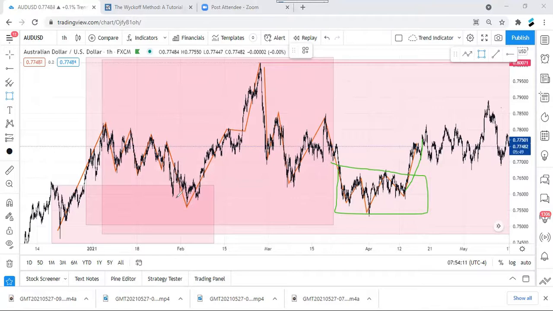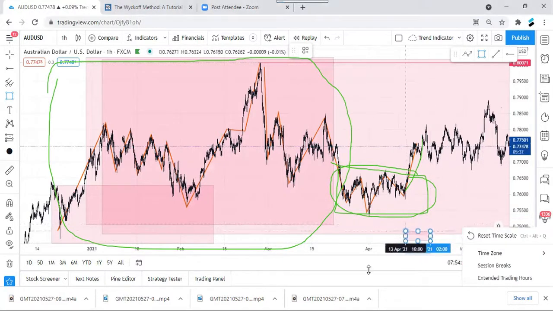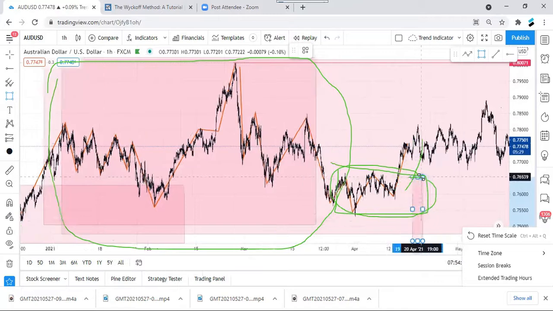All right. Can you see this? If you take a look at this entire thing, this is a distribution, and then followed by an accumulation. Can you see this too for the time being? Yeah. All right. Now then we move to your right.